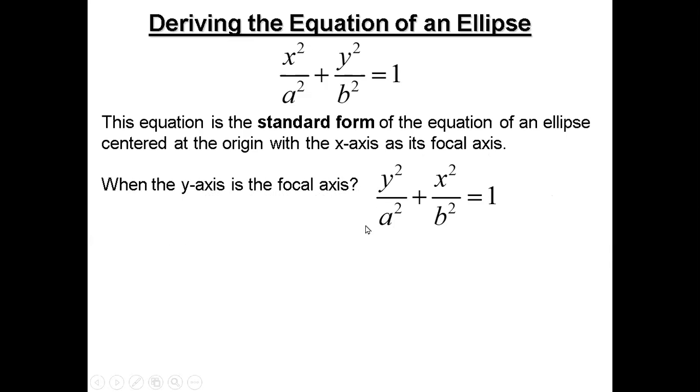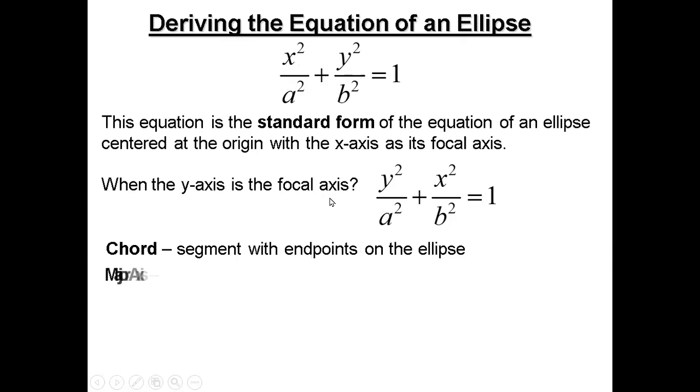So it's quite the opposite of our standard equation when the focal axis is the x-axis, because a squared is the denominator of x squared. So that's the x-axis as its focal axis. Then for our definition of terms, we have chord.